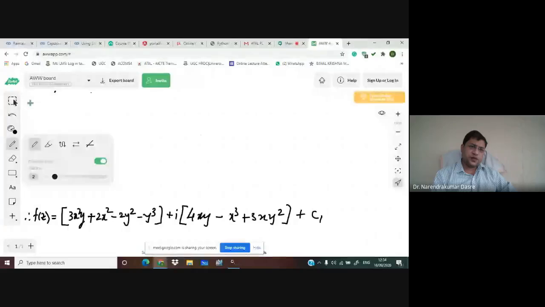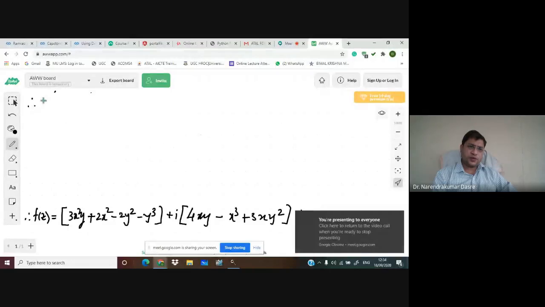Okay, and hence we have the function f of z, and if we separate the real and imaginary part, we get u and v. Let us separate the real and imaginary part.